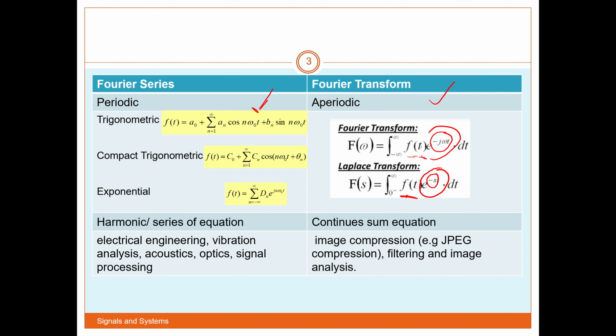Okay, so the applications for Fourier series are usually in things that have harmonics or repeat, such as vibration analysis, acoustics, optics, or signal processing. And for Fourier transform, we will use it for image compression, filtering, and image analysis, where the signal is not periodic; it's aperiodic. Okay.